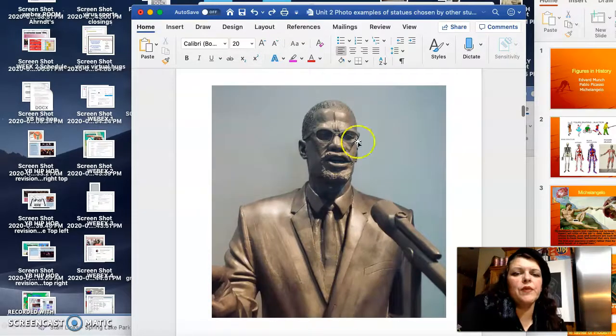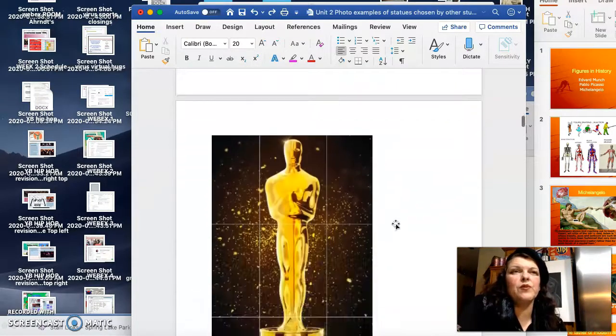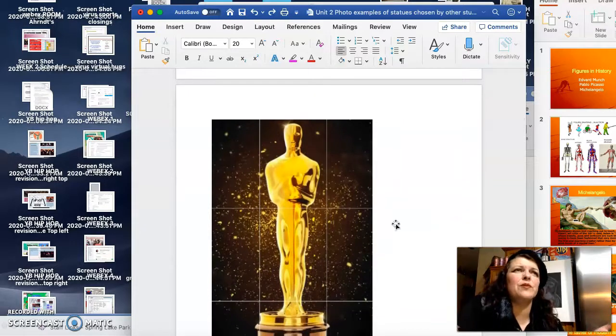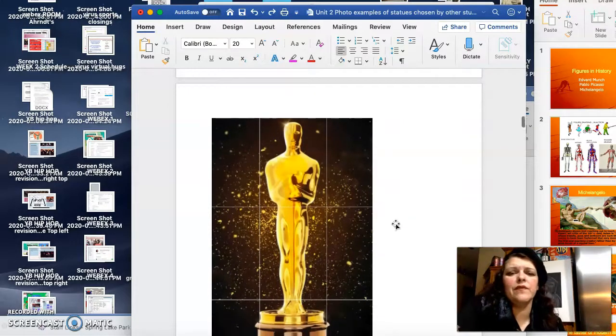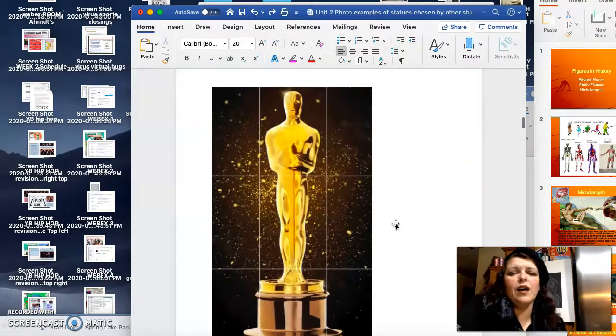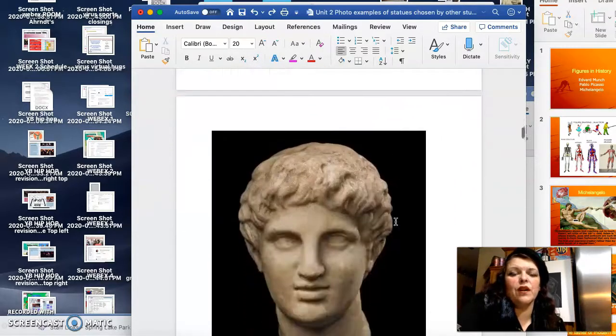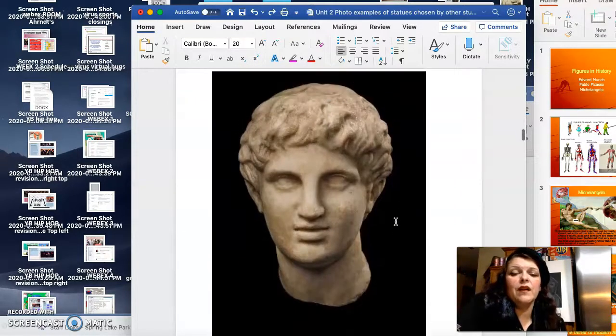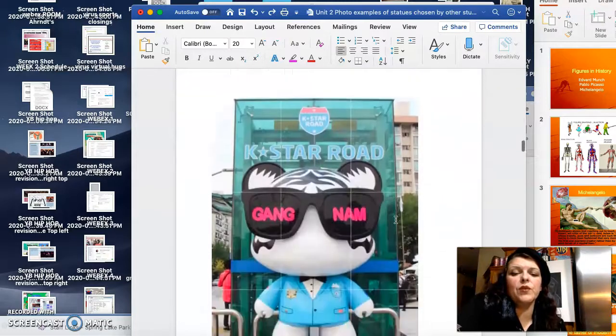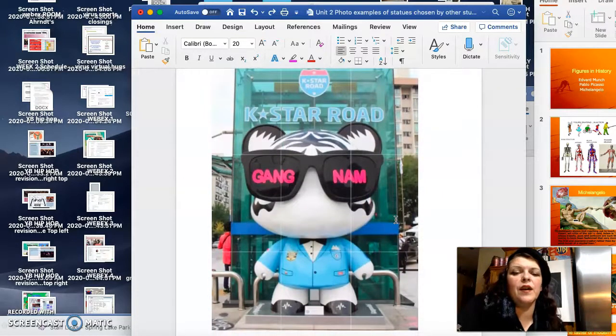Okay, so I remember Jerome did this statue of a well-known public speaker. So I've had people do it on presidents. I've had people do it on Michael Jordan. He has a very famous statue. The Oscar statue, it's human. So you can go back to the antiquity. You can find really cool statues in Japan that mimic characters that you like.